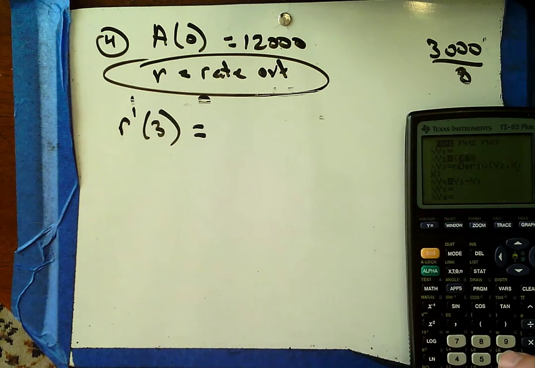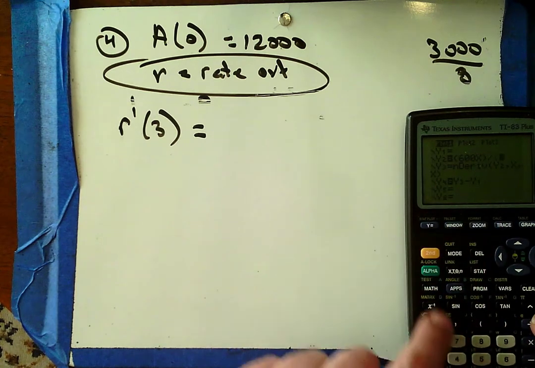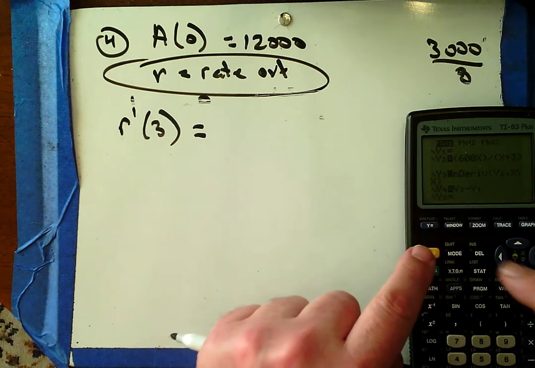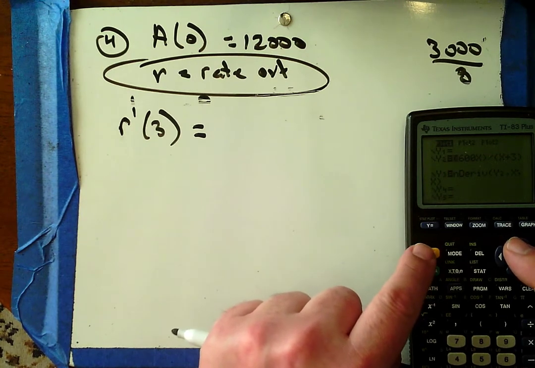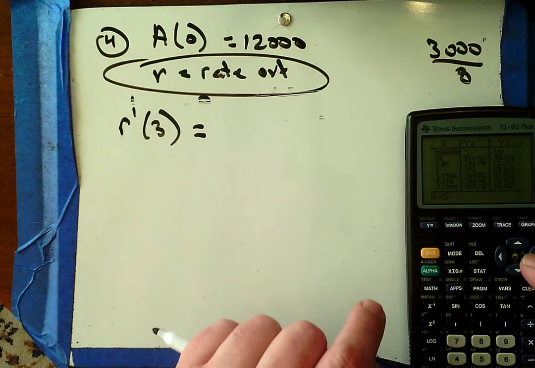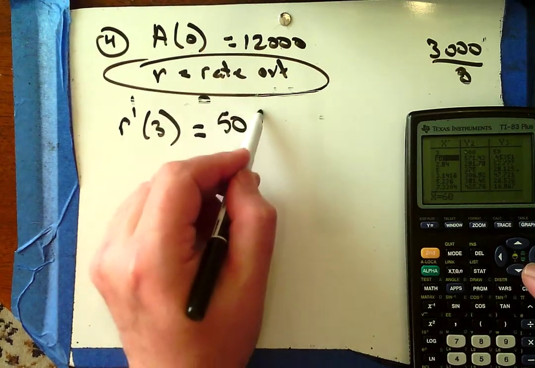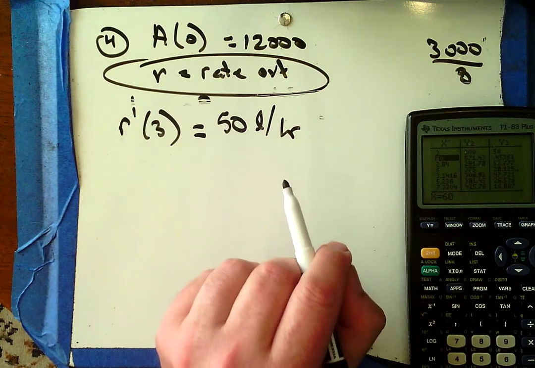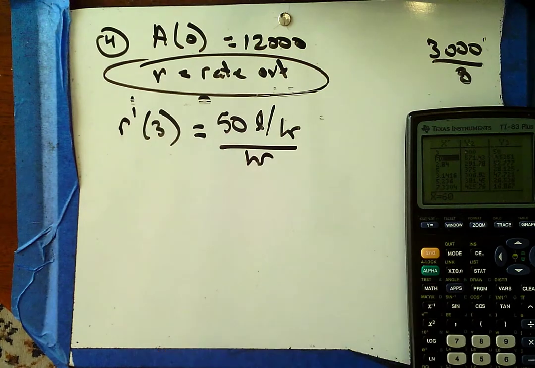So parentheses 600x divided by, don't forget to close that parenthesis, x plus 3. And then I want the derivative of that. I want to go over to table and evaluate the derivative at 3. So there's the function at 3, and there's the derivative at 3. And I get 50 liters per hour.